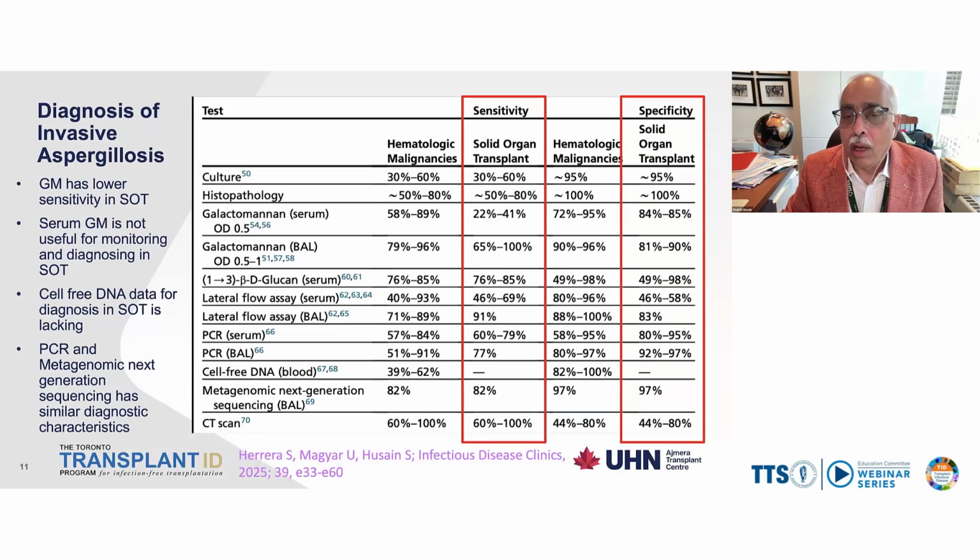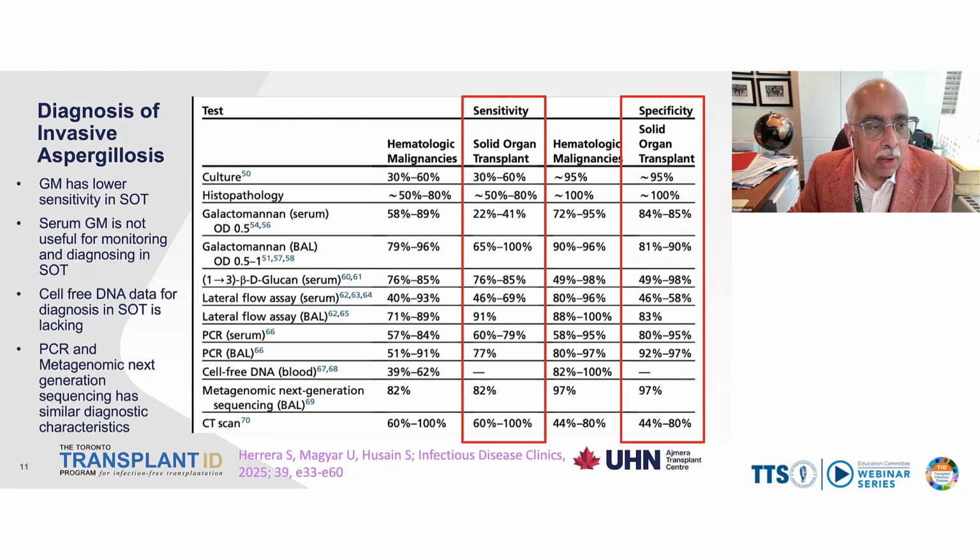I'm not going to go into detail on this slide, which I would strongly recommend you review later, but some teaching points: galactomannan, or GM, has lower sensitivity in solid organ transplants as compared to other immunocompromised patient populations.